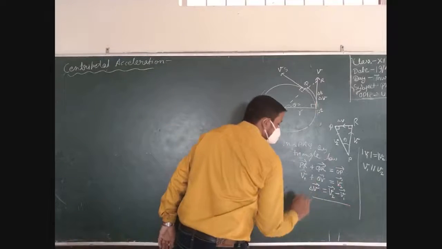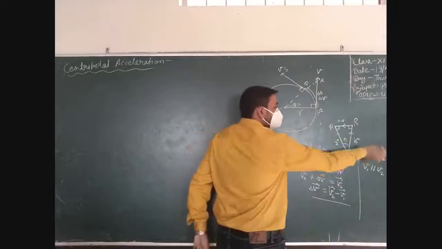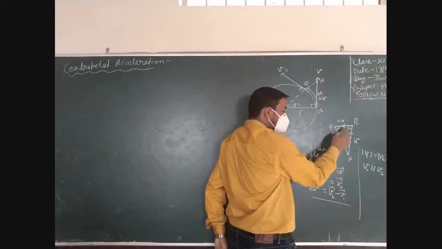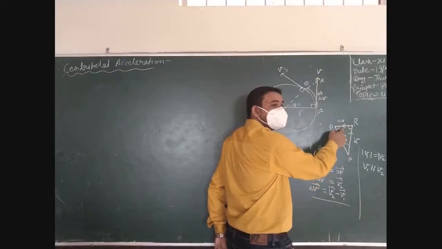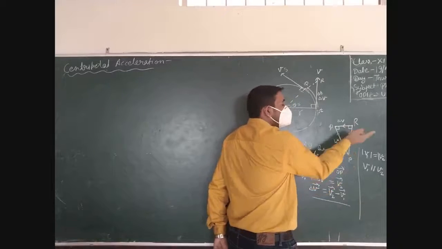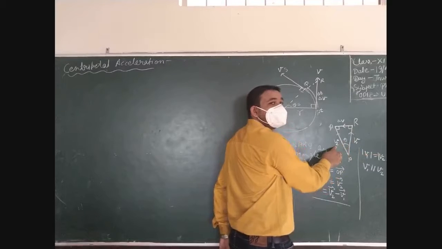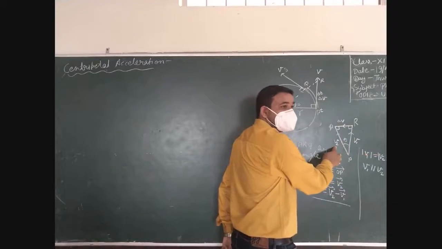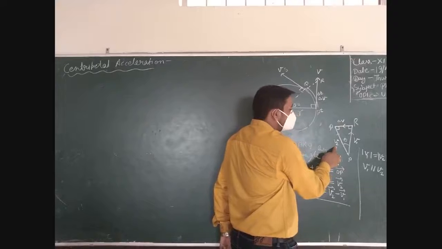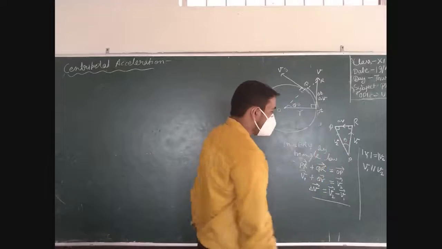Now, taking this radius as hypotenuse, and either v1 or v2 as perpendicular, we can calculate the value of theta. What do we get?